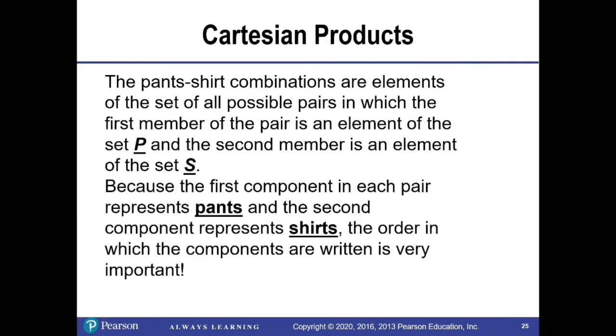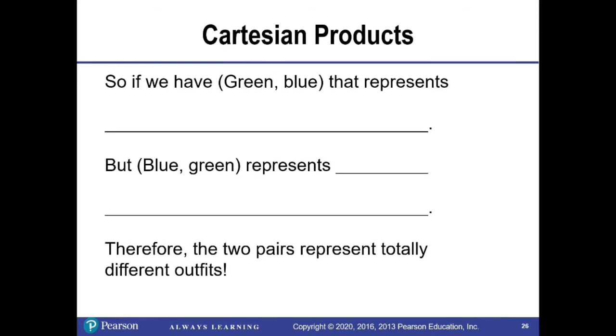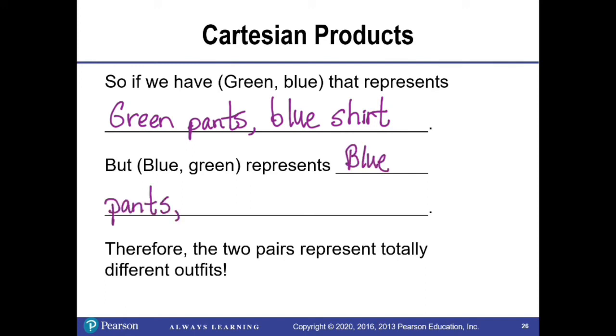Now, because our first component represents the pants and the second component represents the shirts, our order is extremely important. So if we have green, blue, that represents green pants and a blue shirt. But if the blue comes first, remember that first component is the pants, this would be blue pants and a green shirt.